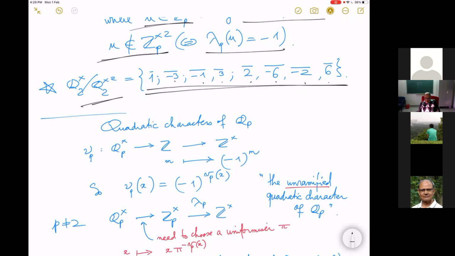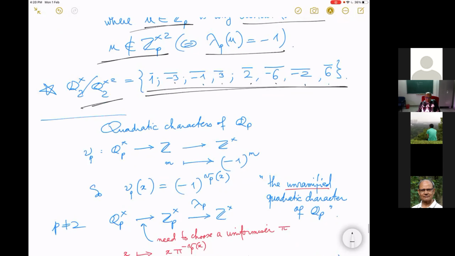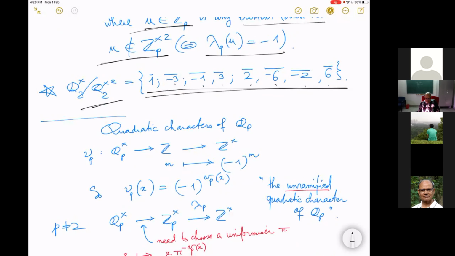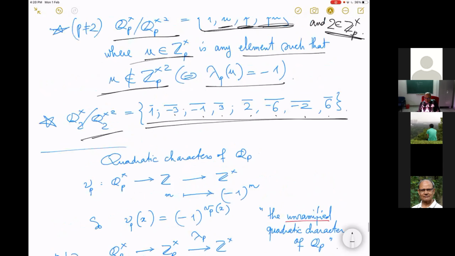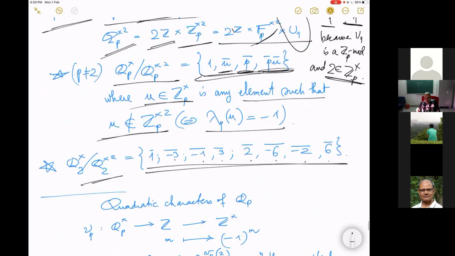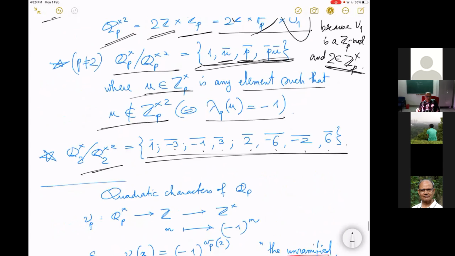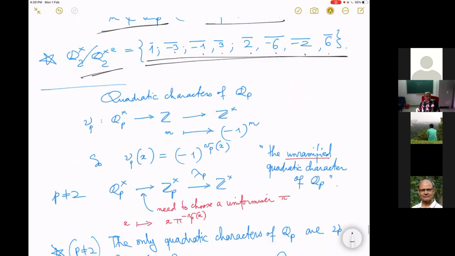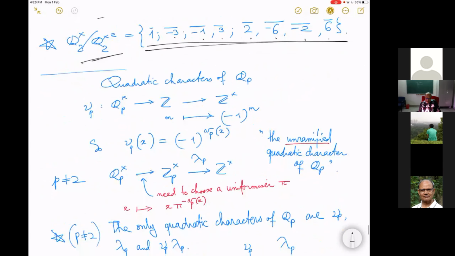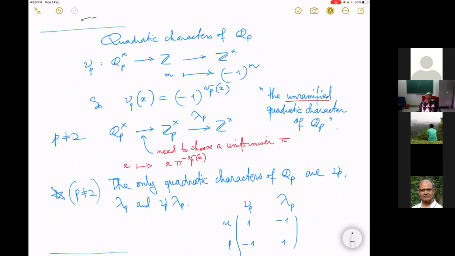Just these 8 elements in Q2 star modulo Q2 star squares. Here you had 4 elements, here you have 8 elements. So finally, let's determine the quadratic characters of Qp star.